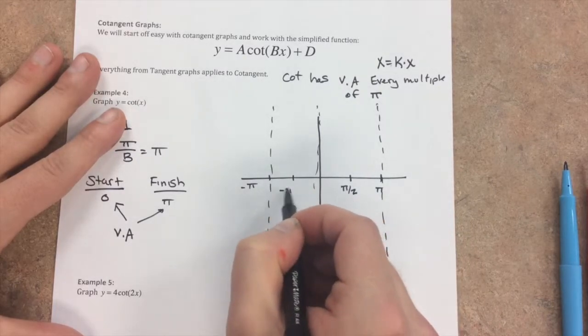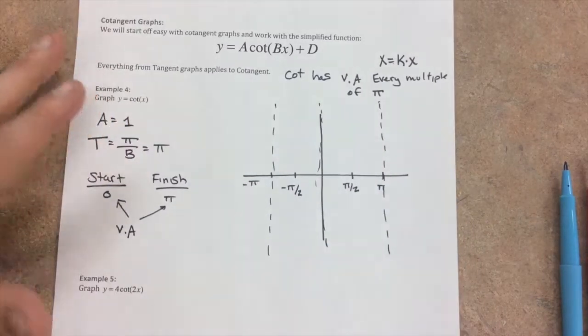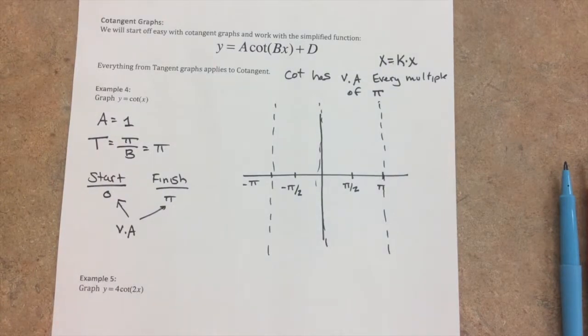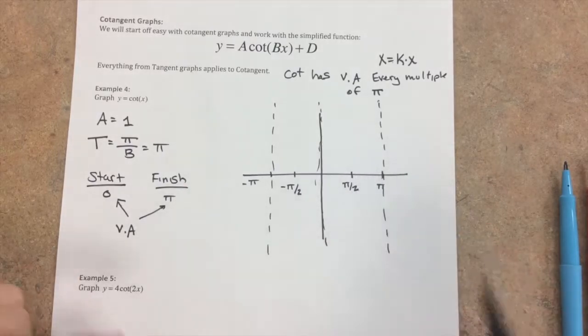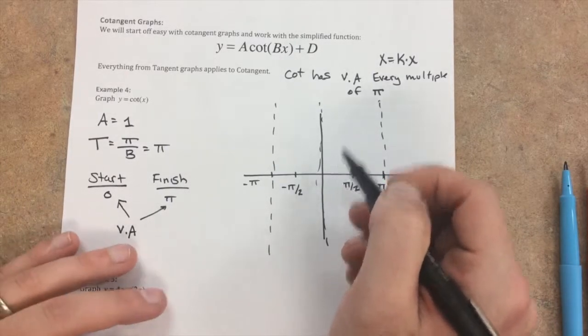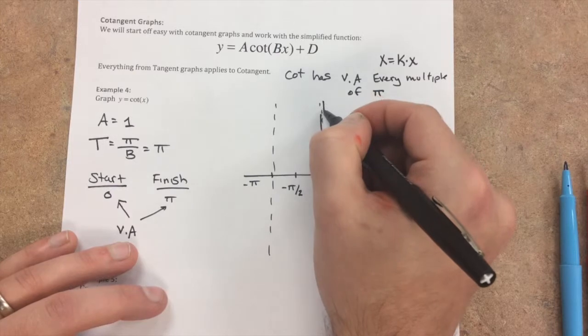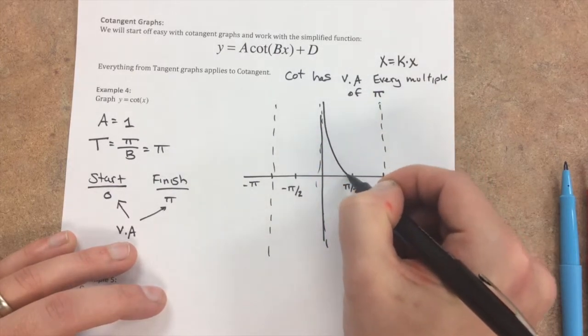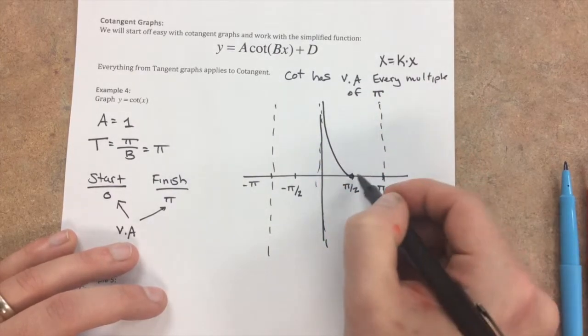This one would be negative pi over 2. So with cotangent, if we're looking at the reciprocal here, if we're getting closer and closer to 0, we would be getting closer and closer to infinity. At pi over 2, we're 0.